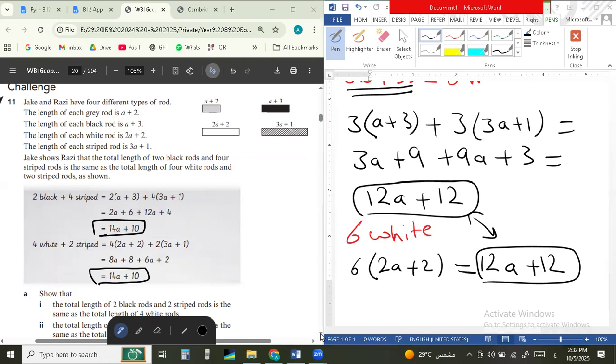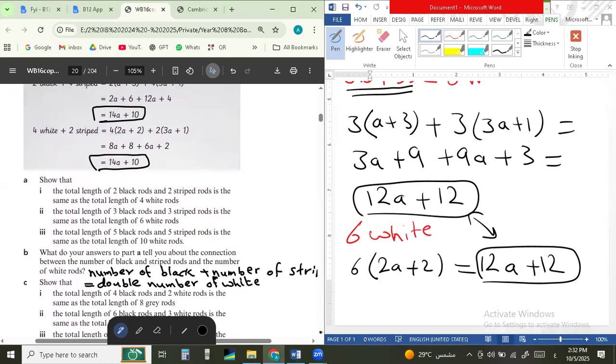Next, they're telling you here, the total length of 5 black rods and 5 striped rods is the same as the total length of 10 white rods. You're going to do the same technique exactly, but it's just 5 times the length of black plus 5 times the length of the striped.